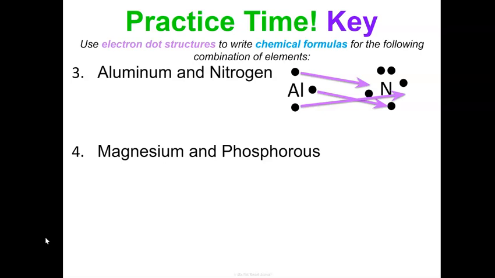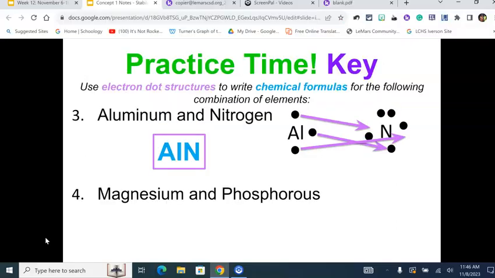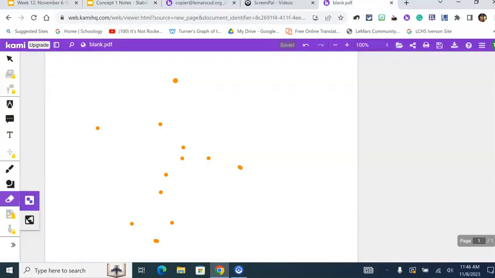How many does nitrogen want to take on? 3. So that is also going to be an AlN, like a 1-to-1.